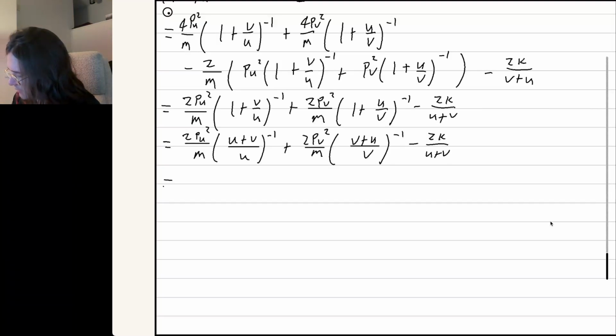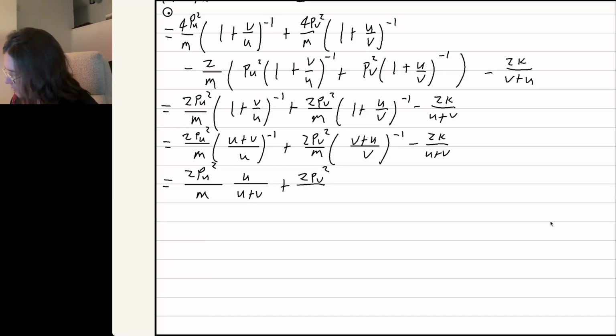And then actually invert it so that everything is over u plus v in this Hamiltonian, which is incredibly useful. I'm going to not put it in parentheses: v over u plus v, minus 2k over u plus v.